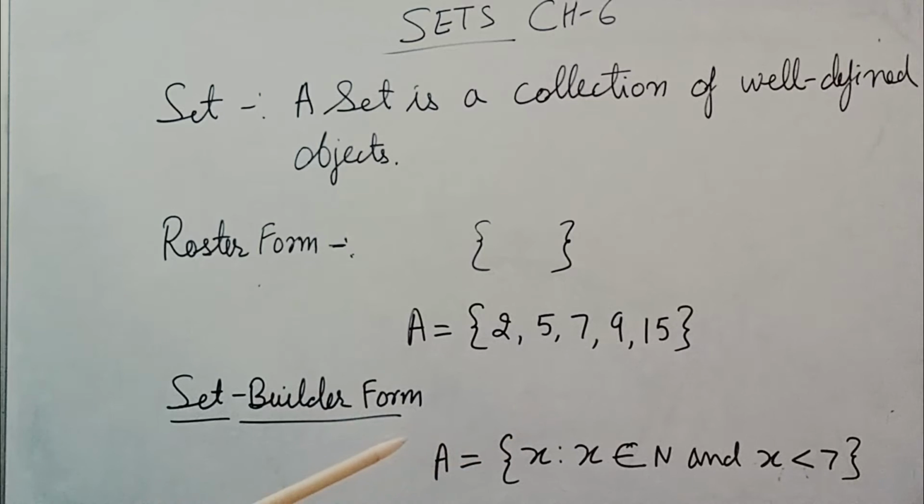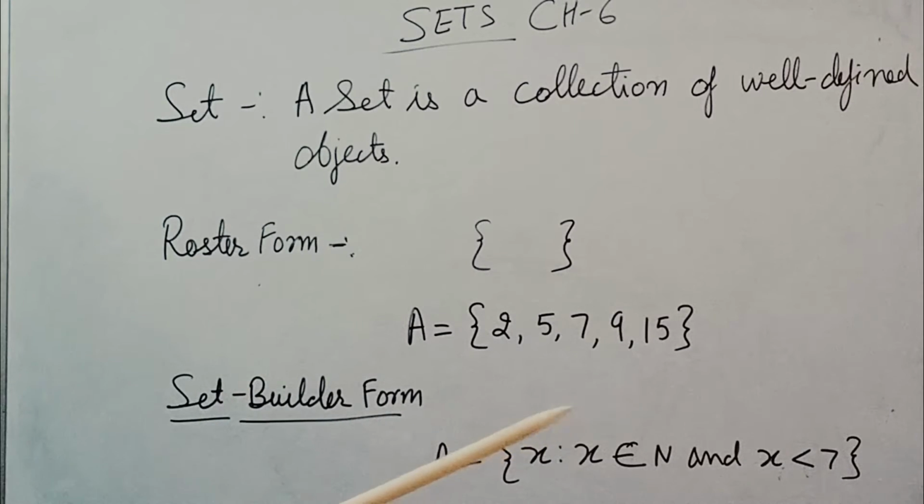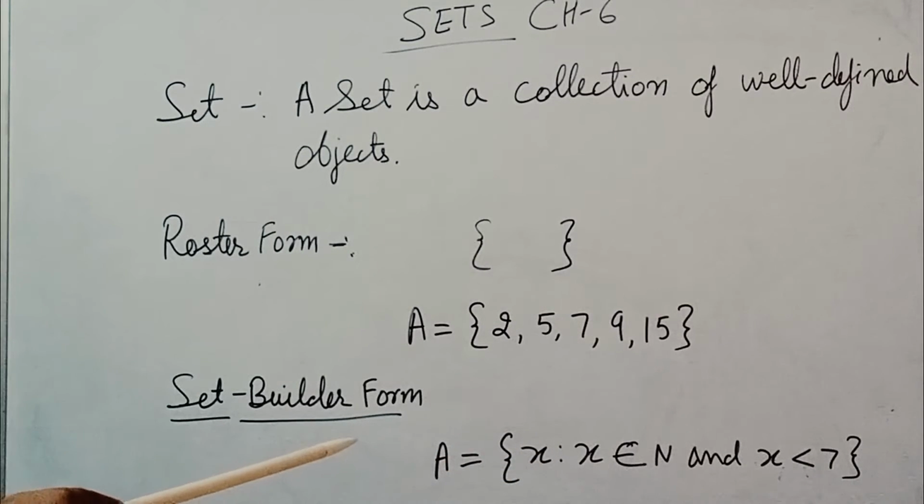The formula is A = {x such that x...}. What does it mean? It means we have a set with an element x, and we don't know the value of x, but whenever we give a limitation for x, then we can say what the elements of set A are.